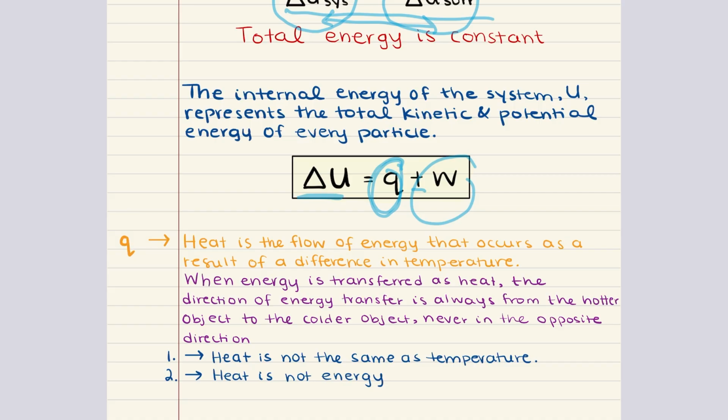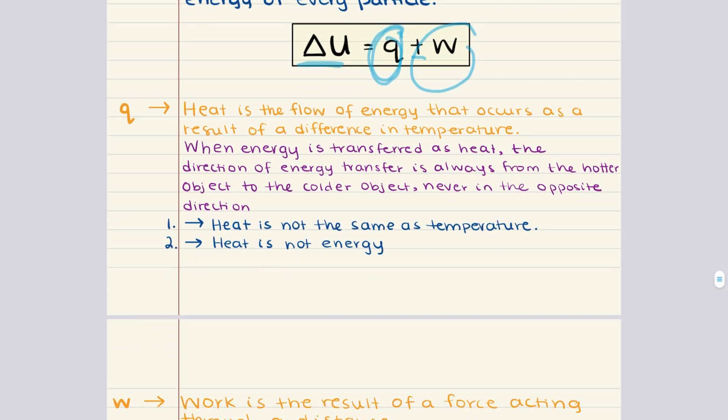This formula expresses that the change in internal energy, again, equals the heat added to the system plus the work done on the system. And what we're going to do next is break down both of these components, starting off with heat, which is symbolized as lowercase q.